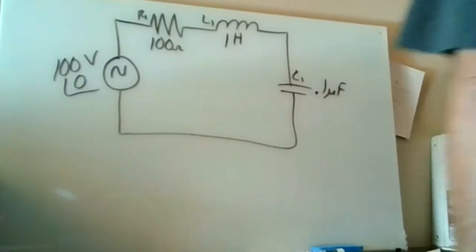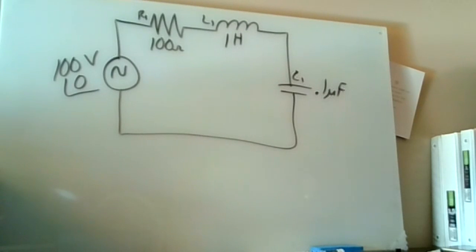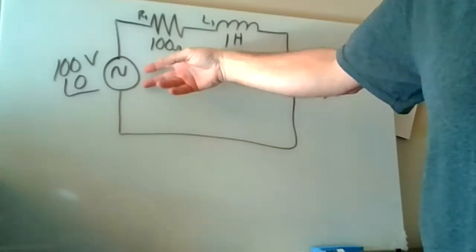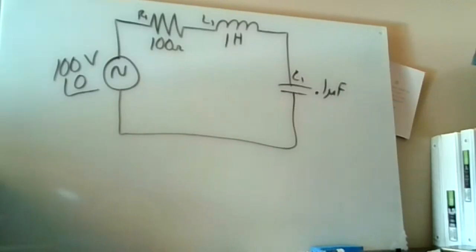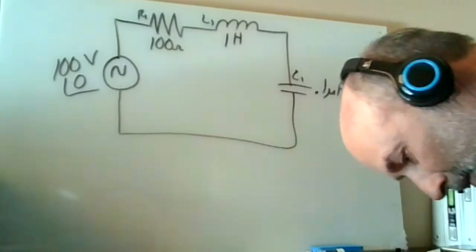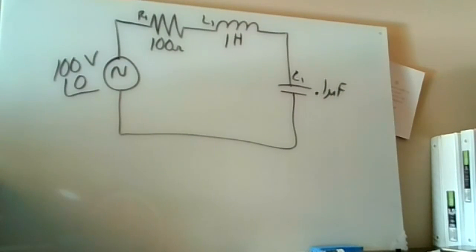Series. What type of series circuit? Is it a DC series circuit? This gives it away. That is the symbol for an AC voltage source. Because remember, for a DC voltage source, the symbol is what? A battery, correct?